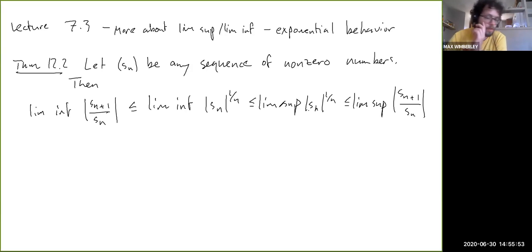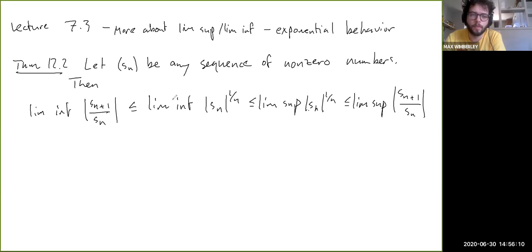Okay, so let me talk a bit about where this comes from, because it probably doesn't seem obvious at all when you first look at it why this would be the case.